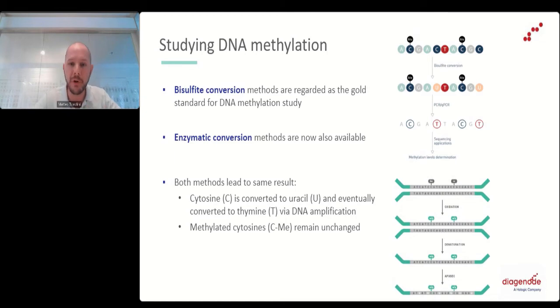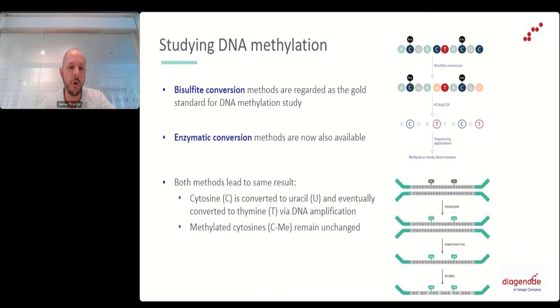And so after conversion, when we sequence the data, if on the reference genome we have a C, and in our library we still have a C, that means that there was no conversion, so the C was methylated. While when in the reference genome we have a C, but we actually sequence a T, that means that the C was unmethylated and converted to a T.